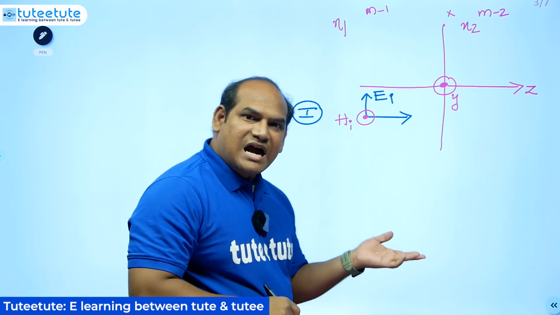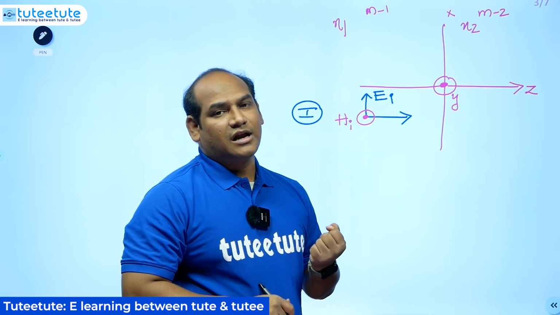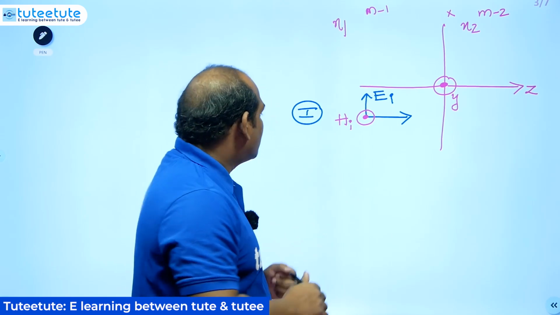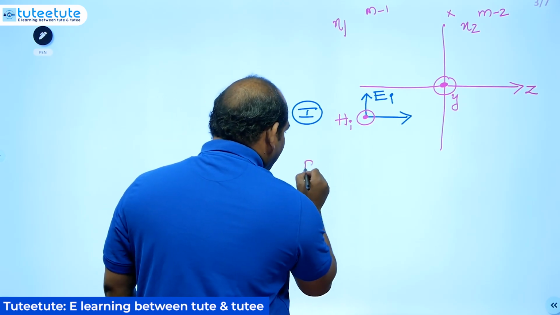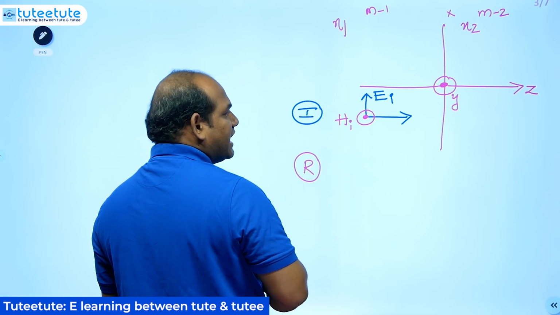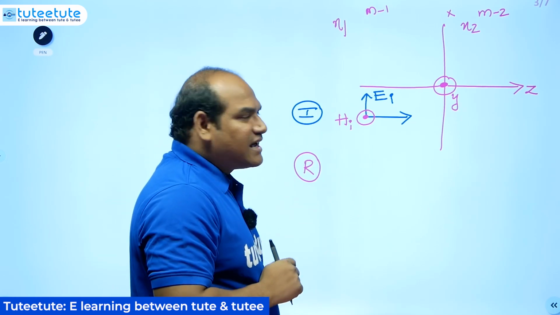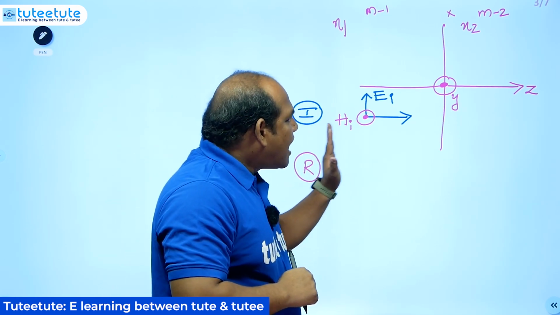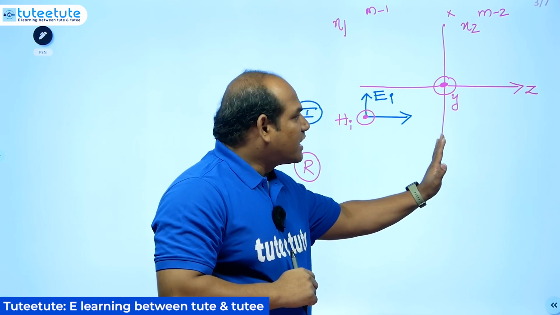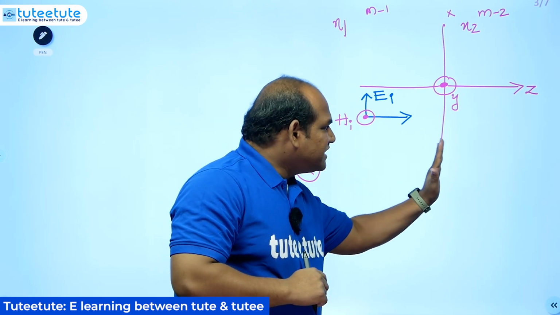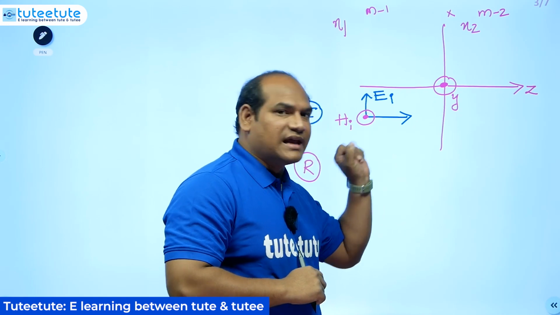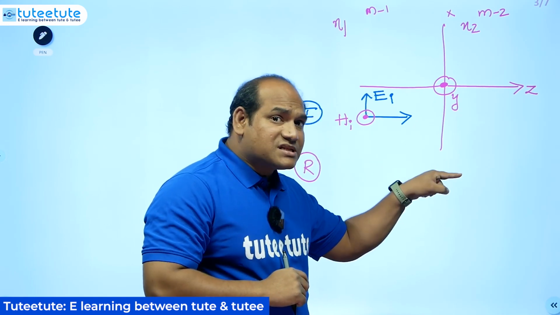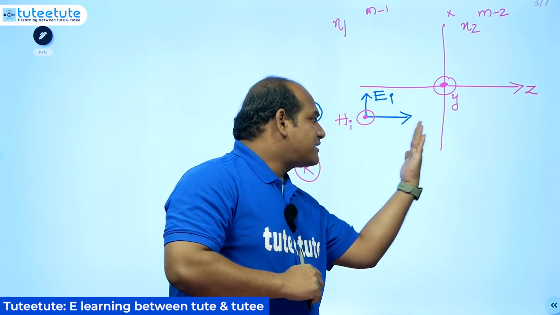So now we will concentrate on the reflected signal. How will this wave be? So the reflected signal. Okay, so we are clearly saying that we have incidence on the interface. That means it is traveling in the z direction. That's why the arrow is represented like this. Because of the impedance mismatch, the wave is reflected back.